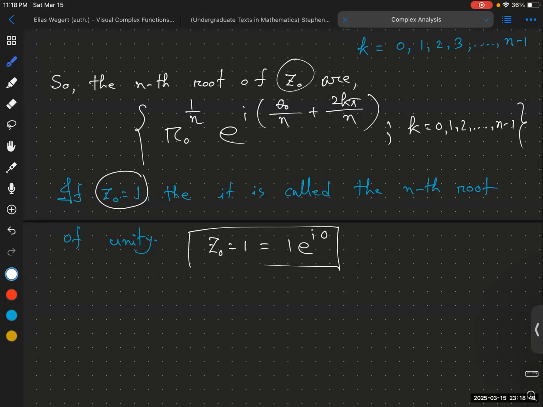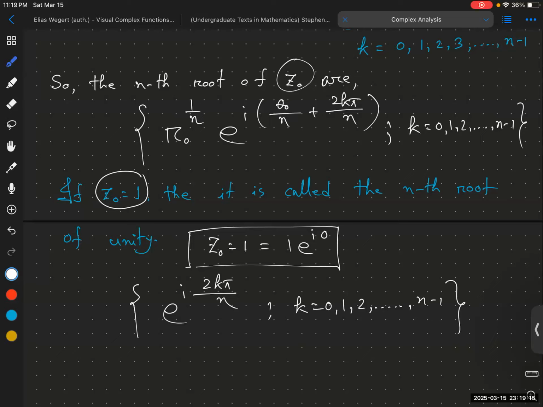So from here, our nth roots of unity will be e to the power i twice k pi by n, where k is 0, 1, 2, up to n minus 1. So using this property, we can easily find the nth root of any complex number.